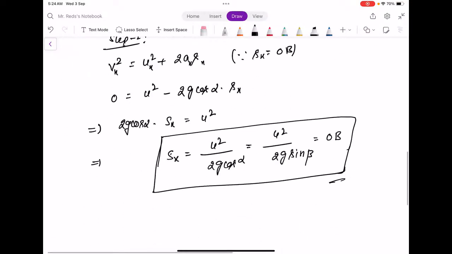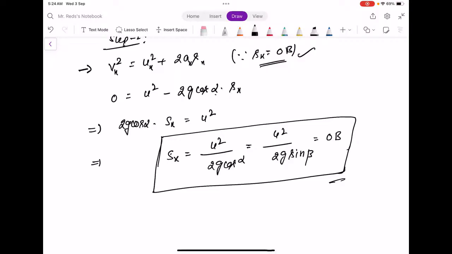Using v square equal to u square plus 2as for the x direction, vx square equals ux square plus 2ax sx, where sx is nothing but OB. Substituting the values, 0 equals u square minus 2g cos alpha into sx, so sx is equal to u square by 2g cos alpha.